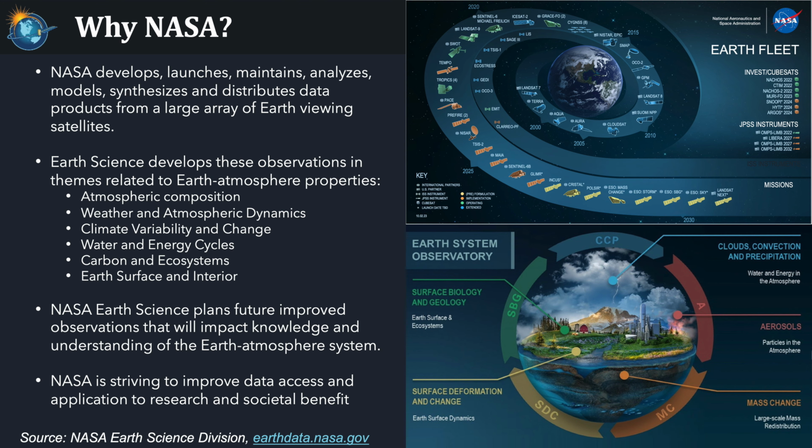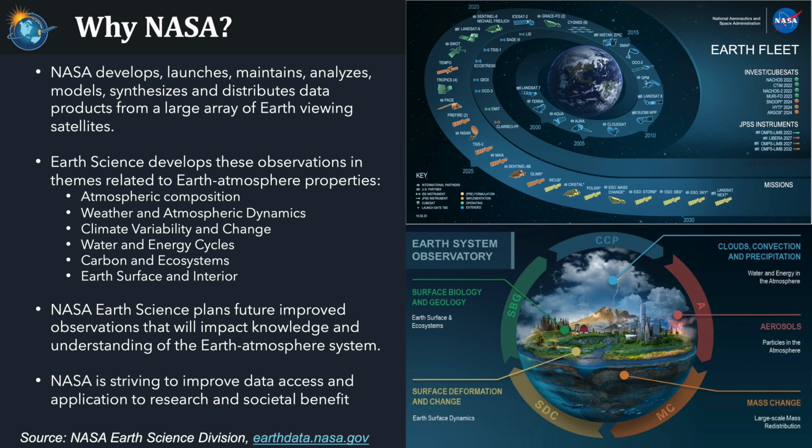And so each of these are usually aimed toward environmental variables or atmospheric variables needed for Earth system modeling, Earth system understanding, for instance, the atmospheric composition and its changes, the weather and atmospheric dynamics, climate variability and change, the water cycles. Can we close the water and energy cycles? That's something that I have been working toward. How about the carbon cycle and the ecosystem?